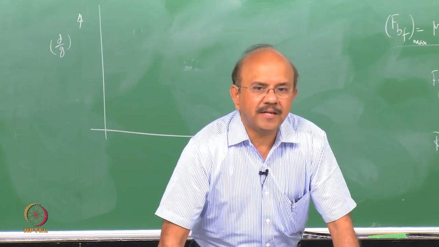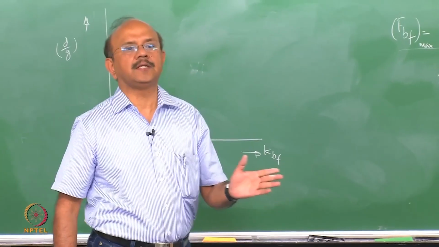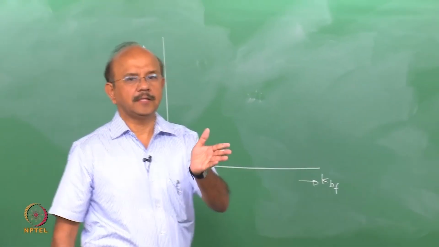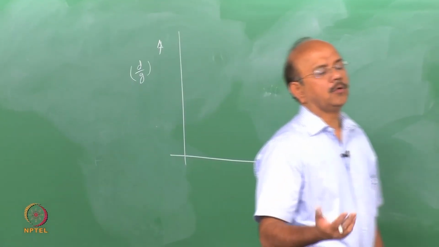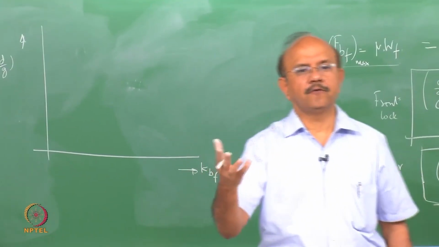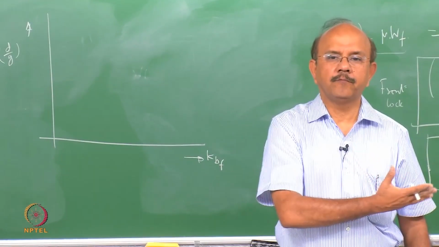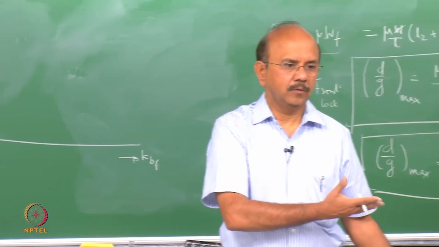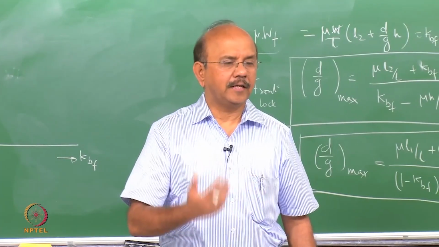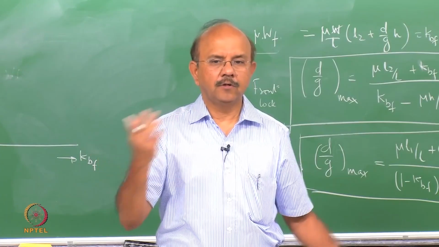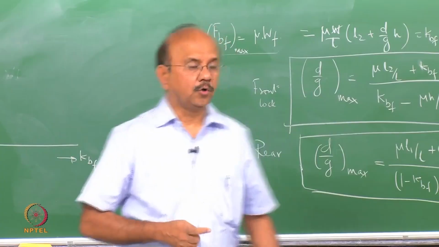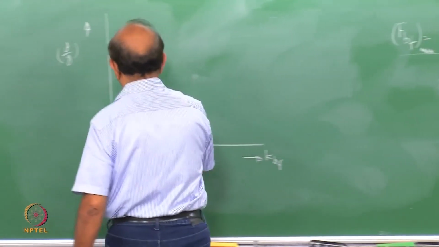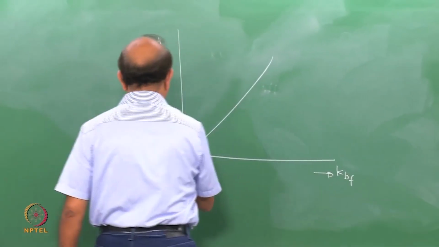As I keep increasing KBF, if there is no force in the front, which will lock? Only the rear will lock. So when I keep increasing KBF, more and more force goes to the front.